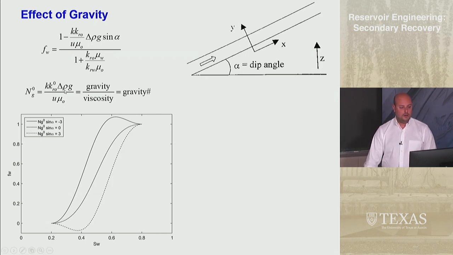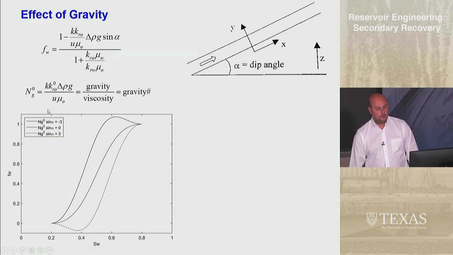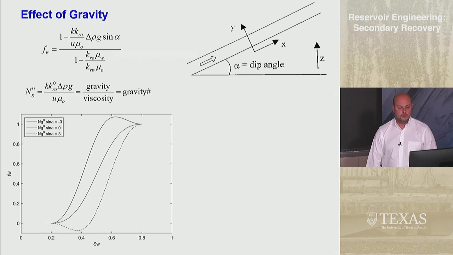Again, if your delta rho is small, then the gravity number is effectively 0, in which case, this middle curve is probably effective. Or if your velocity is really big, okay, and big is all relative, but if you're greater than a foot per day or so, then this might be a small number.